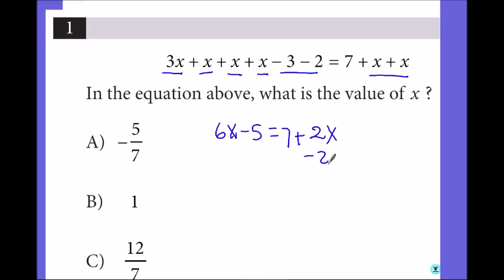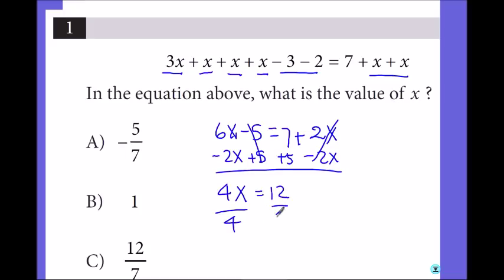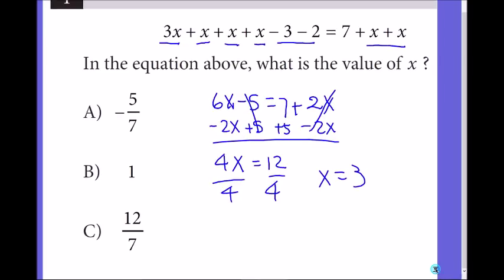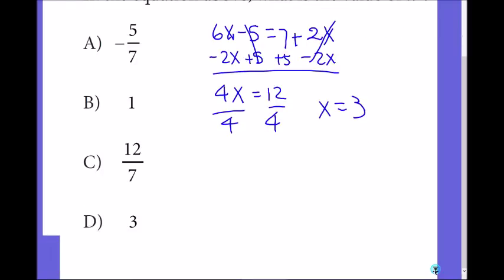So subtract 2x from both sides, and you get 4x. Add 5 on both sides, and it equals 12. When you divide by 4, x is 3. All right, good. D is 3. So D.